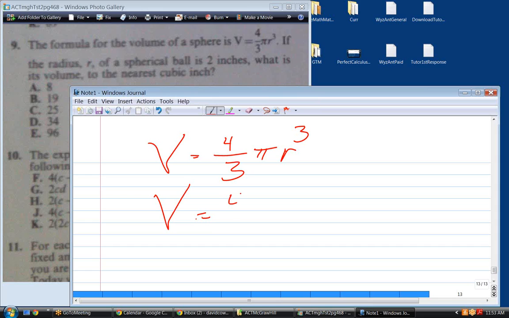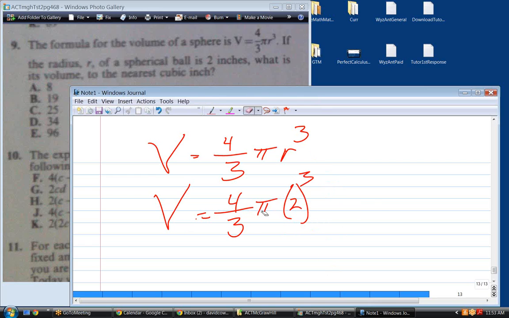4/3 times pi times 2 cubed. Okay. And always do that step. Don't do this in your head and then try to substitute it.